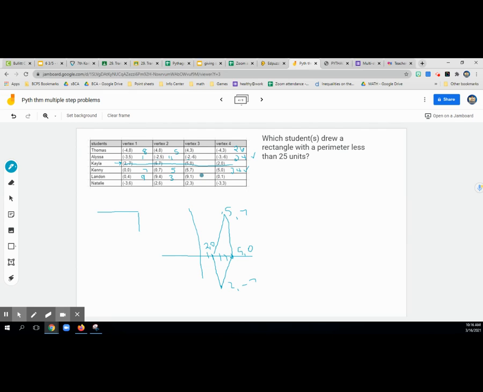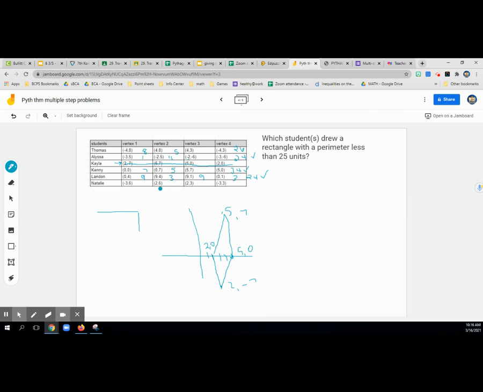The difference is in the x, and it is 9. And then 0, 1 back to 0, 4, the difference is in the y, and it's 3. So he does have a rectangle. And we add them together. 9 plus 3 is 12. Double it, you get 24. Yep, Landon did one.